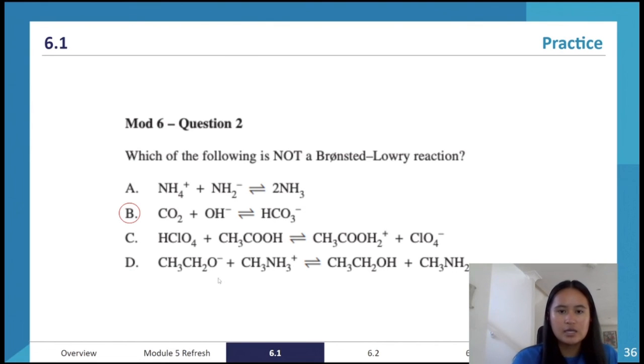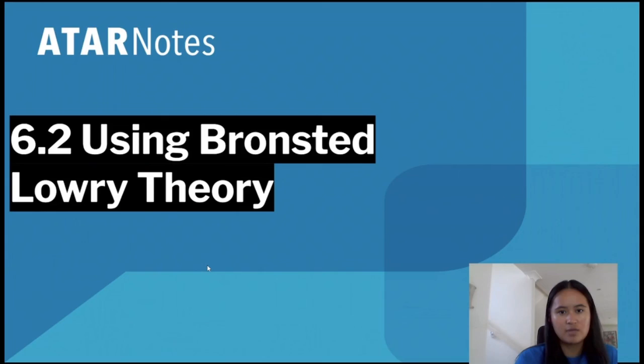We see here in C that the H is donated from here to be added on to here, so it becomes H2. And same kind of idea at the bottom, we have an H from here being donated to here. So B is the only one where none of that's happening.